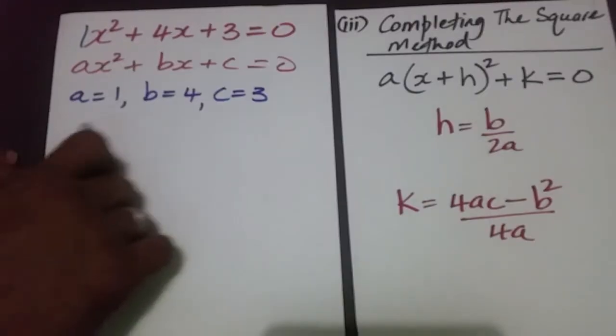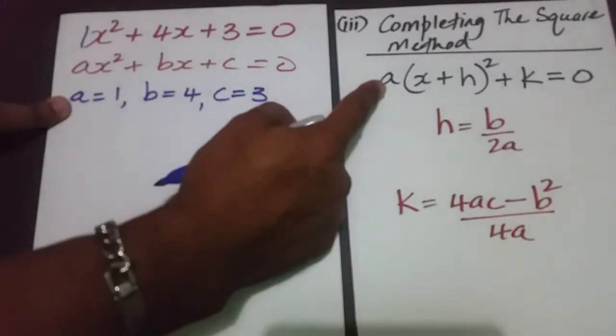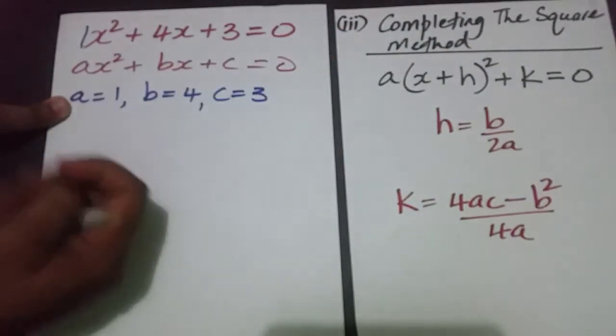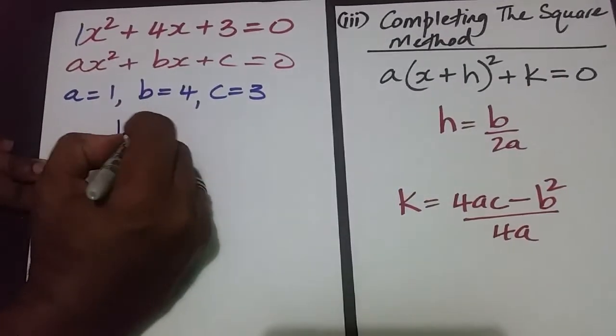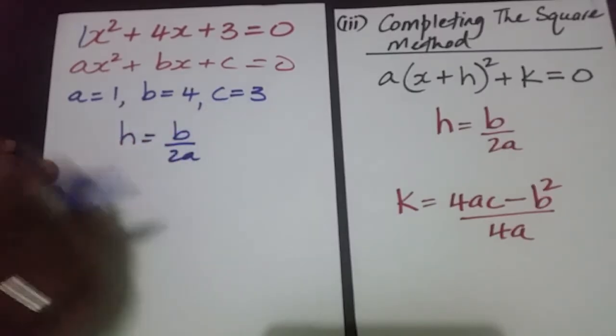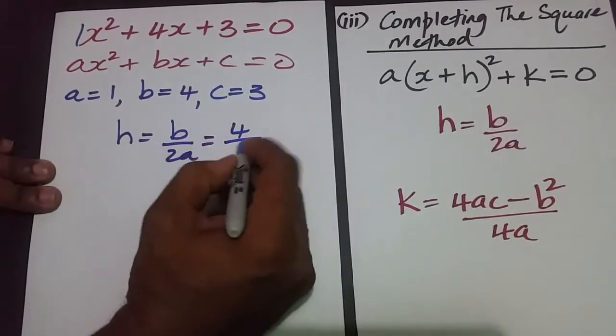Now, what we want to do is to get it in this form. We already have a, so a is simply 1, but we need to find h and k.